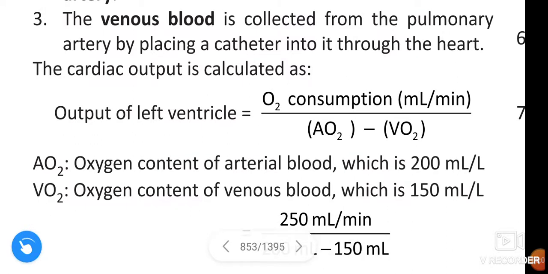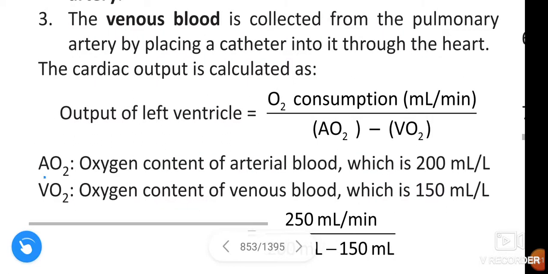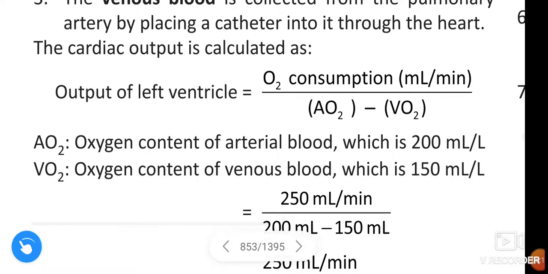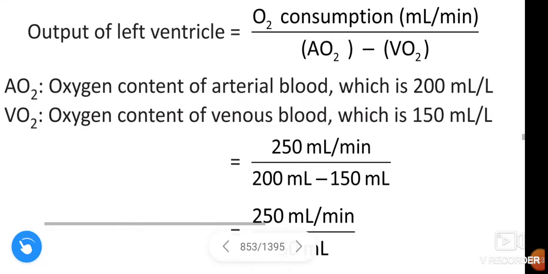See here, AO2 is the oxygen content of arterial blood, which is 200 ml per liter. Next, VO2 is the oxygen content of venous blood, which is 150 ml per liter.